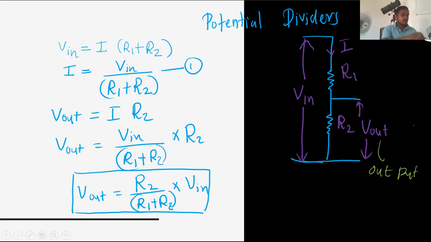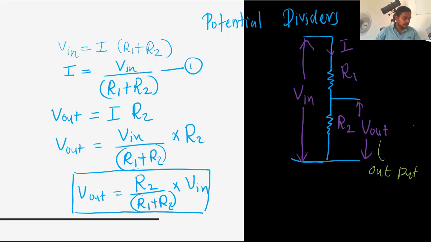In the tutorial, we have a typical exam question. A potential divider is formed with a rheostat, which means a variable resistor, connected in series with a fixed resistor of 4 kilo ohm. Both are connected across a 12 volt supply. Initially, it is 10 kilo ohm.